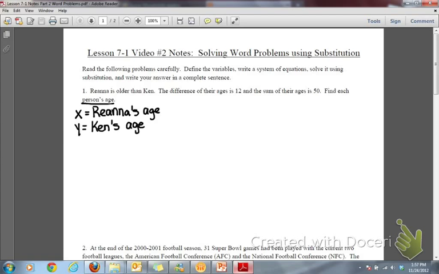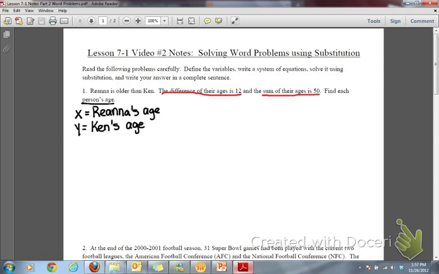It says Rihanna is older, okay. The difference of their ages is 12, and the sum of their ages is 50. Based on that one sentence there's 2 pieces of information, and that's going to give us our 2 equations. Remember, X and Y stand for their ages. So if the difference of their ages is 12, difference means subtraction, then that means Rihanna's age, and Rihanna's older, that's good.